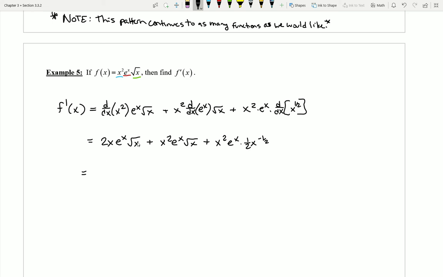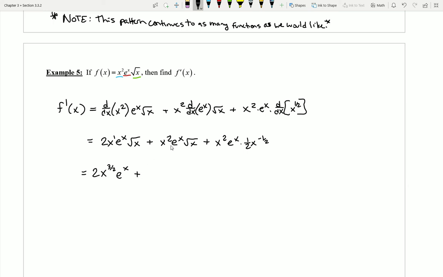Now if I wanted to, I could go ahead and do a little bit more simplification here. What you might notice is that I actually have x's that can be multiplied together here. If I imagine each of these radicals as a 1/2 power, I could start to combine some of the powers of x. So here, since I have x to the first and an x to the 1/2, I could write this as x to the 3/2.